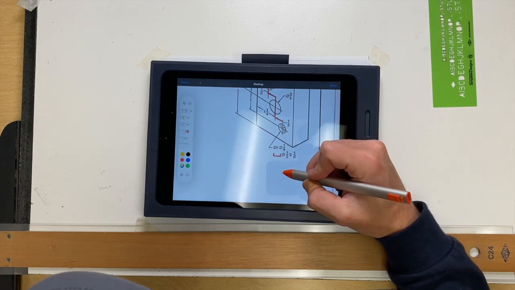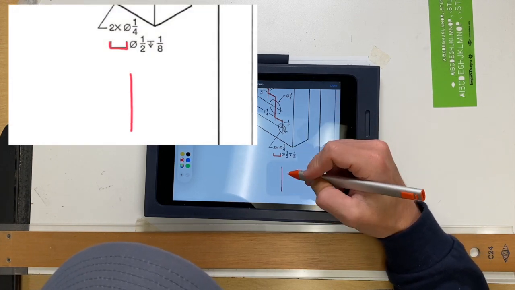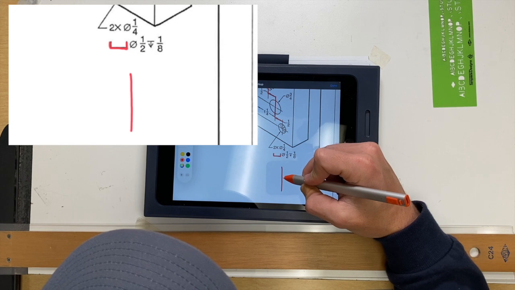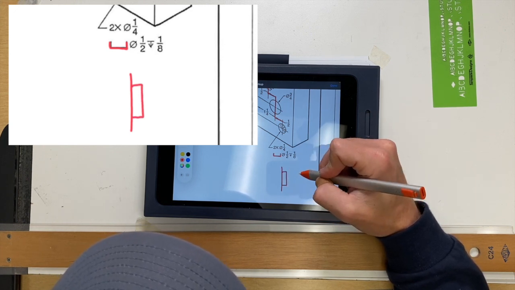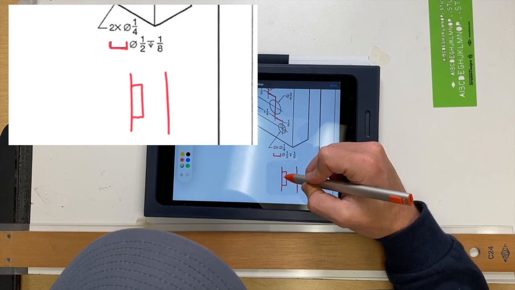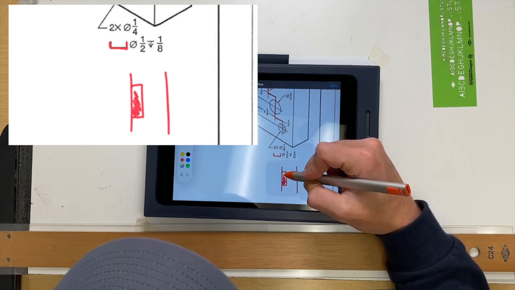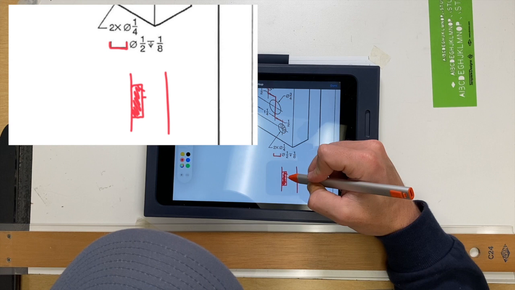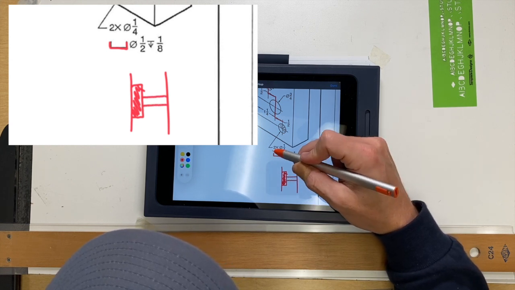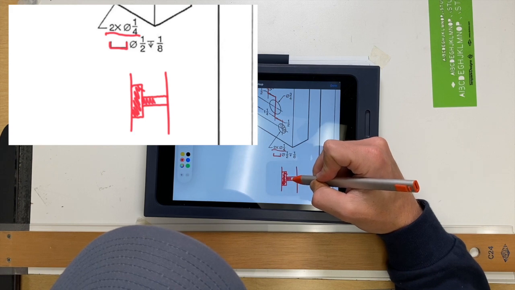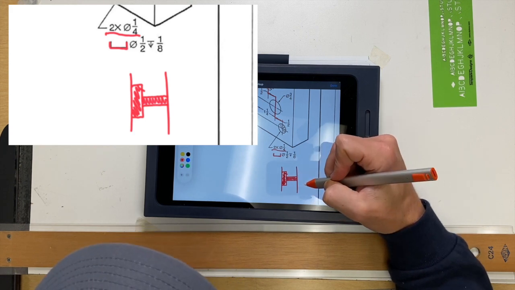So if we are looking at the surface of this material, we have a hole that is coming in, and it only goes in 1/8 of an inch into our material. So if this is the back side of the material, this hole is coming in, and then the diameter changes to a smaller diameter, and it is 1 1/4, and then that goes all the way to the back of the material.